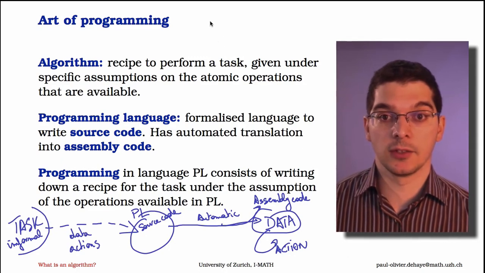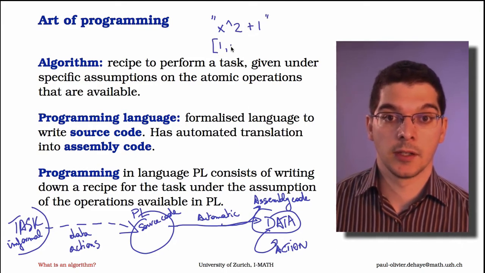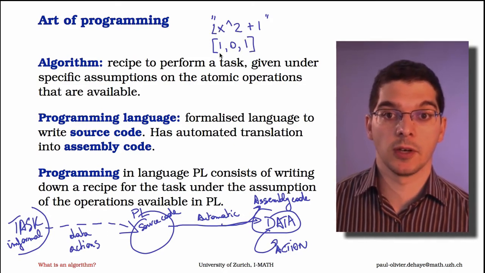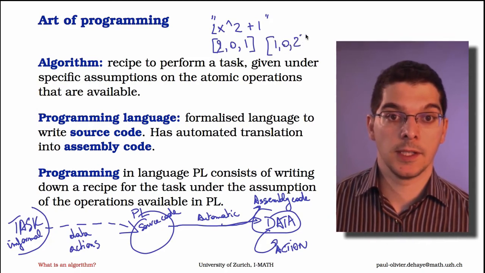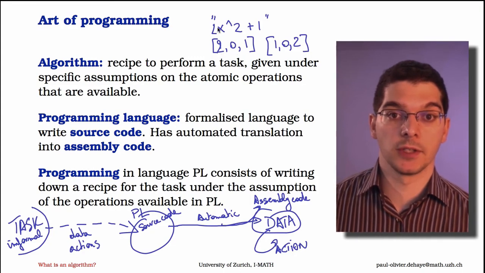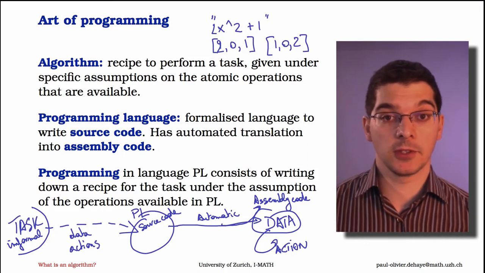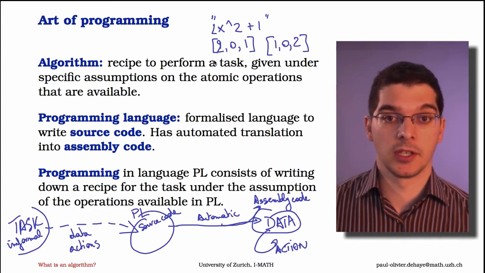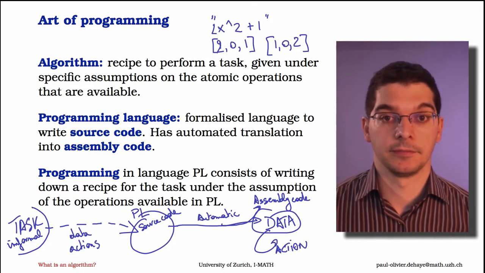So what I mean is you could decide that your polynomial would be encoded as x squared plus 1, or maybe 1, 0, 1, the list of coefficients, and if it was 2x squared plus 1, you could do this, or you could do this. You have to choose a convention for representing your polynomial. But that's an important step in programming. And once you have decided this data encoding, then you can start programming the operations on whichever convention you have chosen. For instance, taking a derivative.